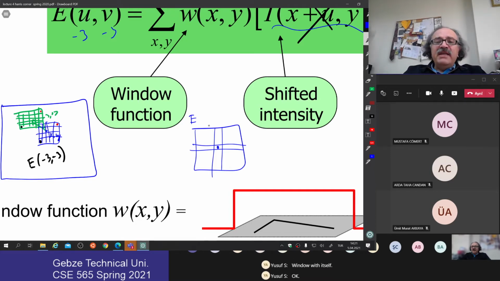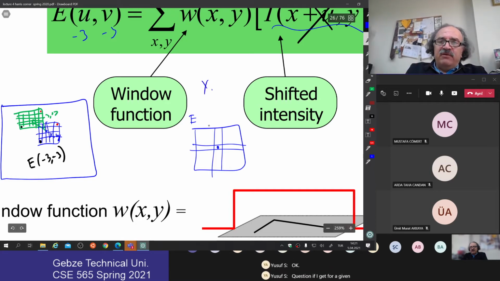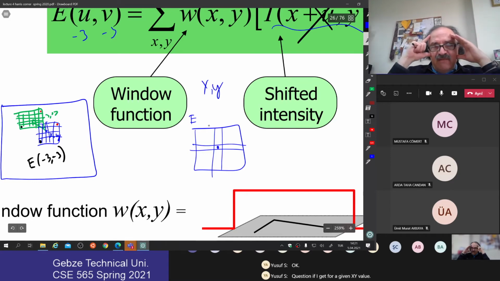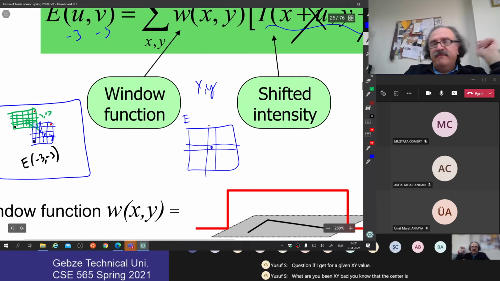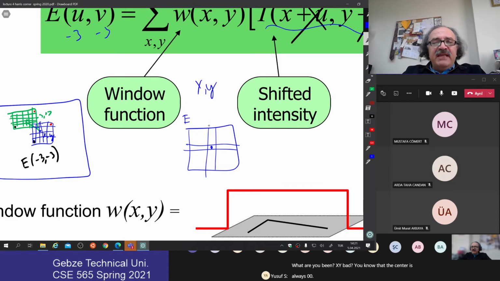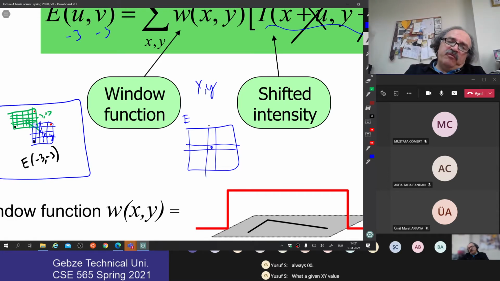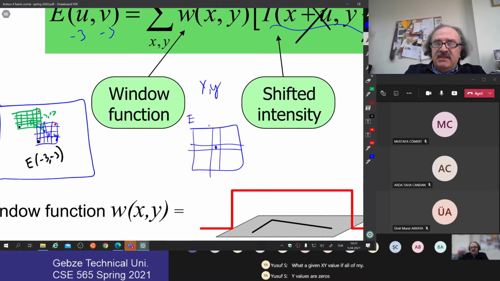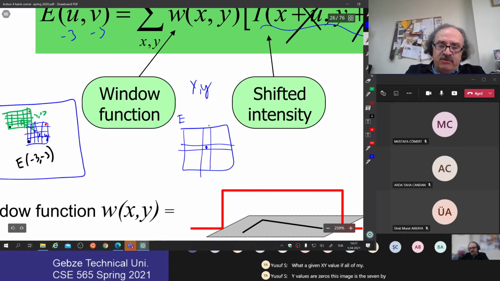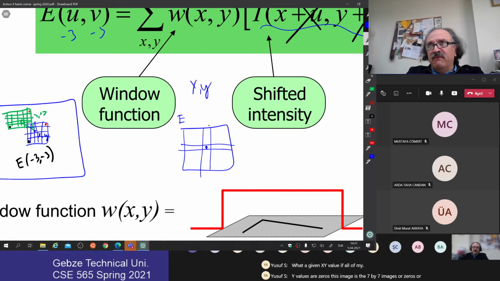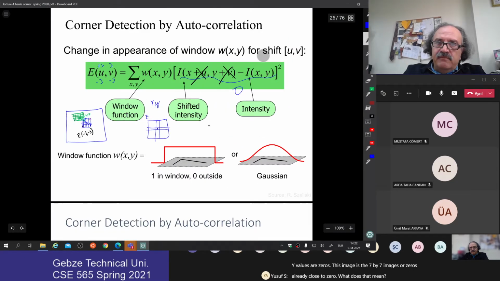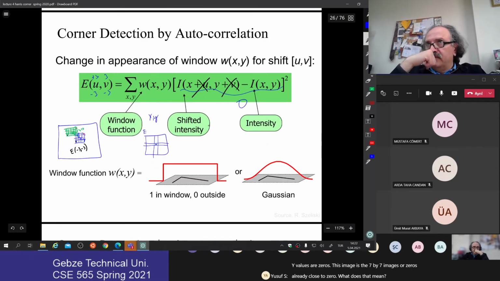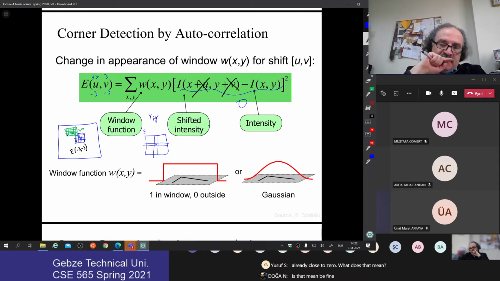Question: for a given xy value, I know that the center is always 0, 0. If all of my E values are zeros, the 7 by 7 image is all zeros, or very close to 0. What does that mean? Does that mean we found what we are looking for?